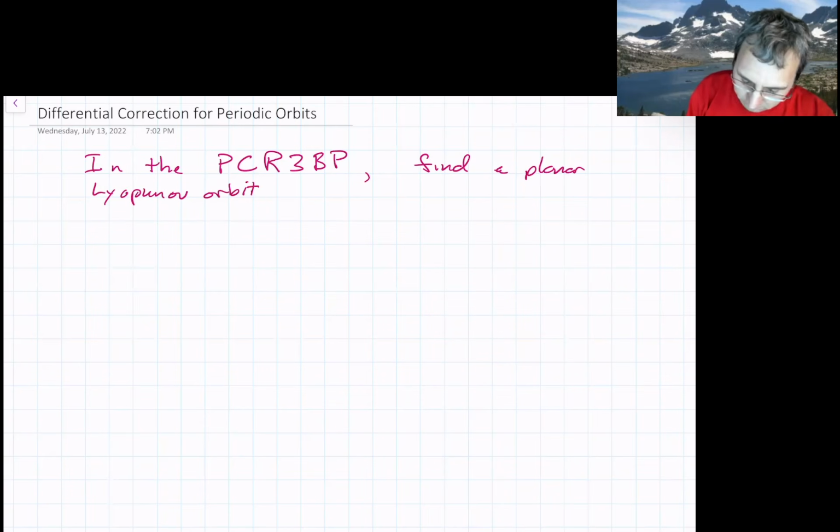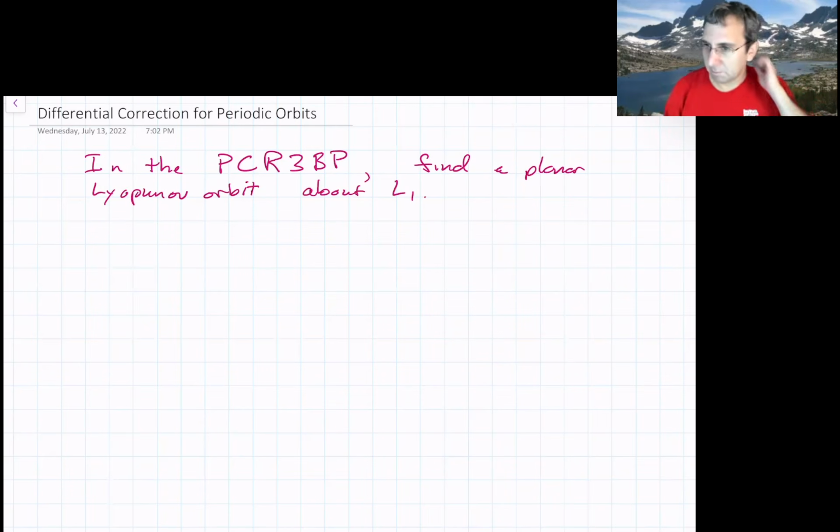It's a periodic orbit about L1. And when I do the numerical example, I'll use the mu for the Earth-Moon system, which is pretty large. And why are we doing this? We want the periodic orbit so we could eventually find the manifolds.